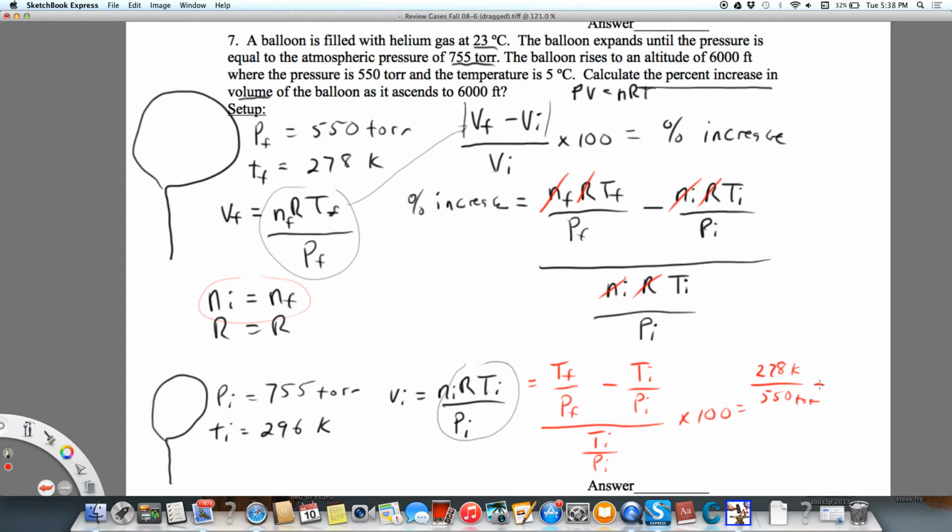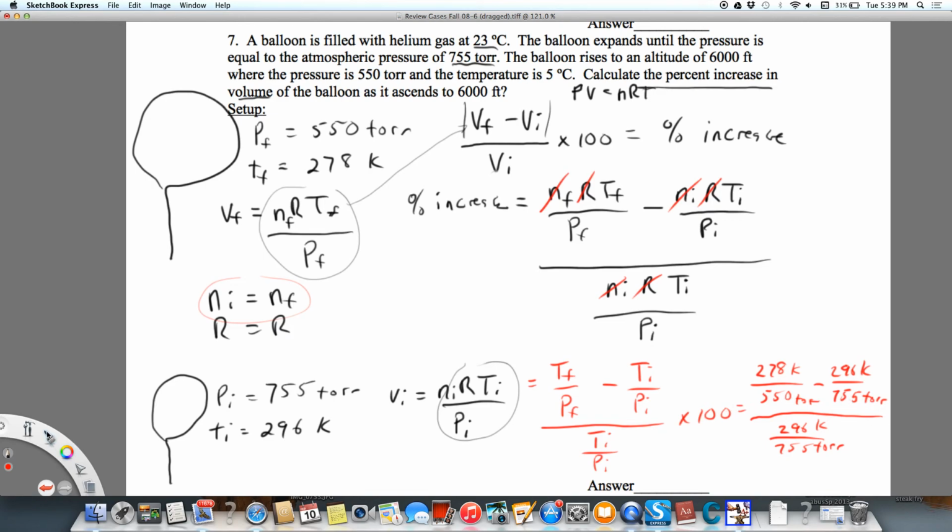We're going to subtract from that our 296 Kelvin over 755 torr. And that's going to be over 296 Kelvin over 755 torr. And that again is times 100.